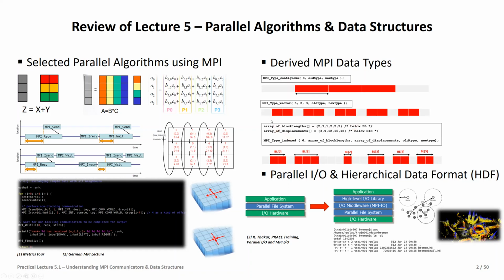And then we learned, of course, there's a much more complex element to it, which is the indexed type, where you have almost full flexibility in how you map the memory space to the data structure, where you have different blocks, even of different sizes. You see here a 2 block and a 3 block or 1 block. And then the displacements, where you can put exactly each of the values at, say, position number 2, position number 9, position number 12, and so on and so on.